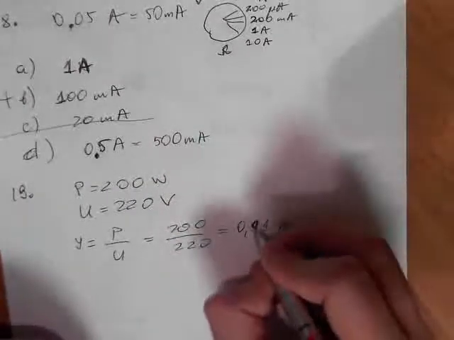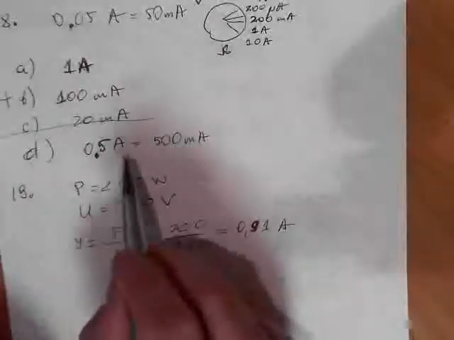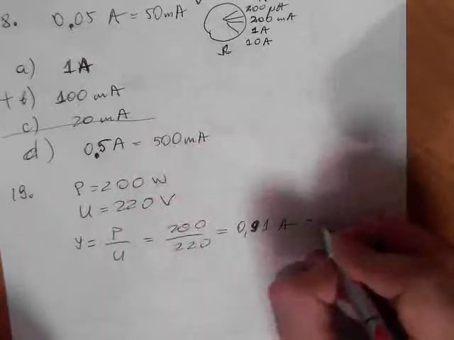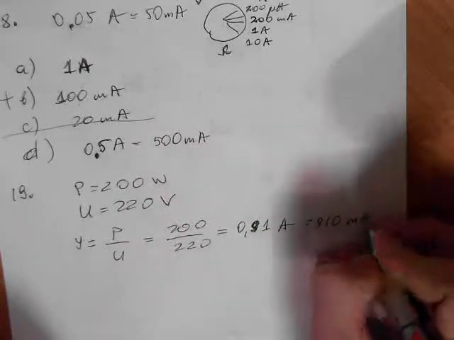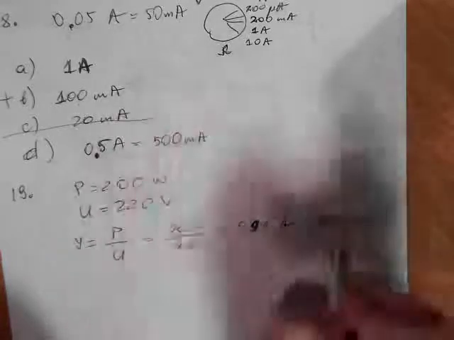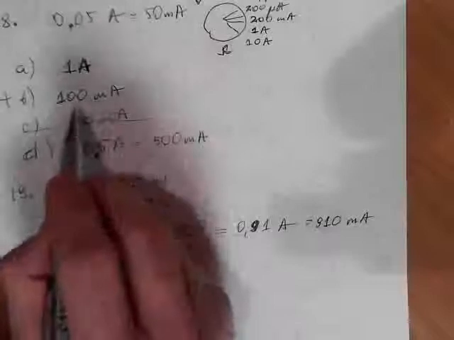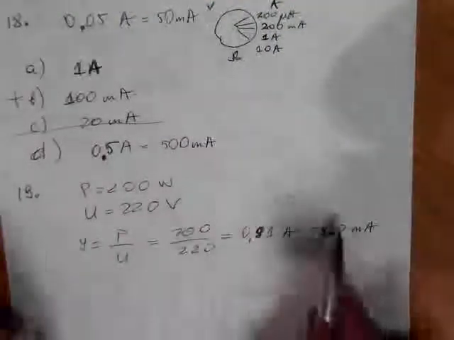So this value can be measured by what? This is too low, it can't measure. 910 milliamps it cannot measure, because this is higher than this. This cannot measure also, so we can measure only by this 1 amp. This is close to 1 amp.